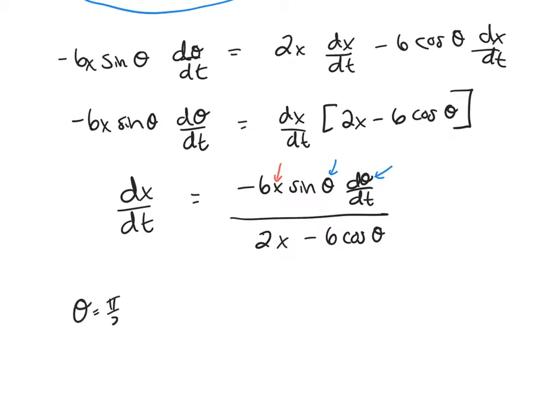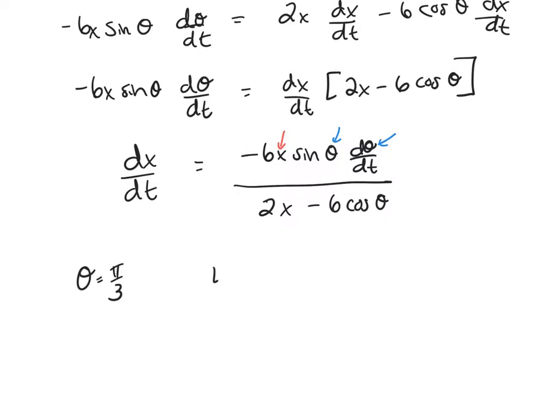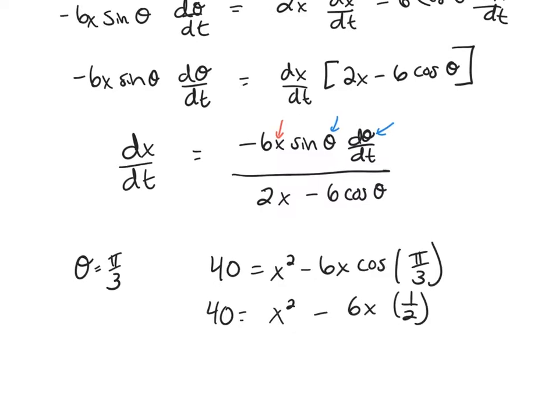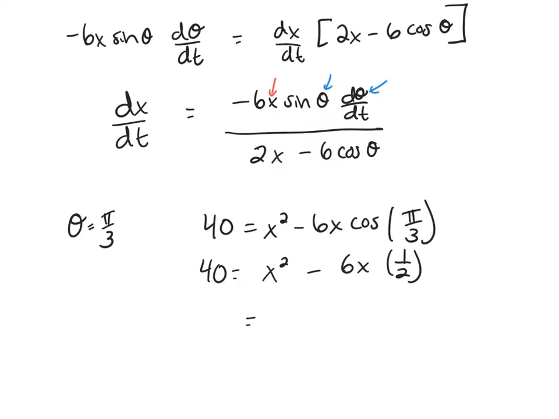Theta is pi over 3, so go back to your equation, which was 40 equals x squared minus 6x cosine of theta, but now theta is pi over 3, so cosine of pi over 3 is 1/2. So I'm going to get x squared minus 3x, and I'm going to go ahead and subtract the 40 to the other side.